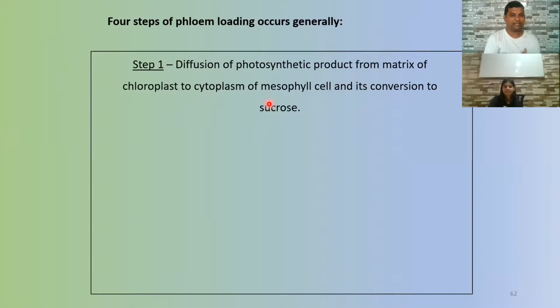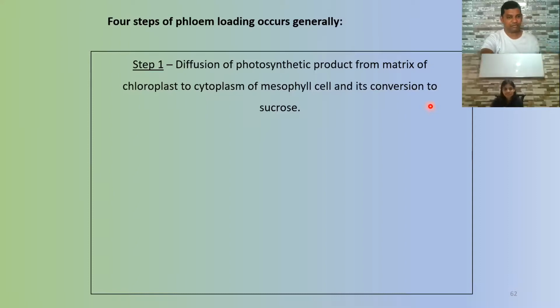So glucose is there in the matrix of the chloroplast, where it will be transferred from the chloroplast to the cytoplasm of the mesophyll cell. In the cytoplasm of the mesophyll cell, that glucose will be converted to sucrose. That is the first step.